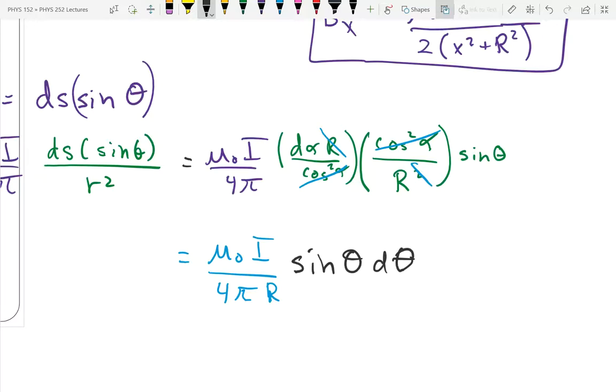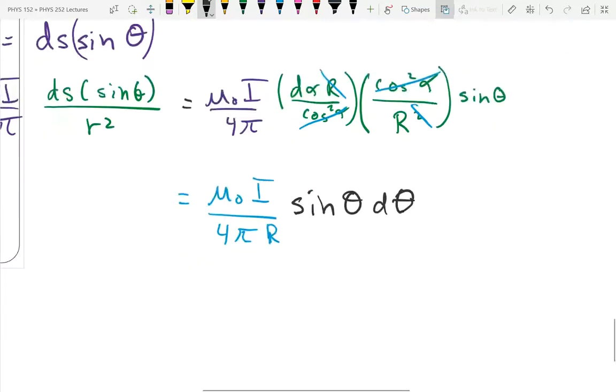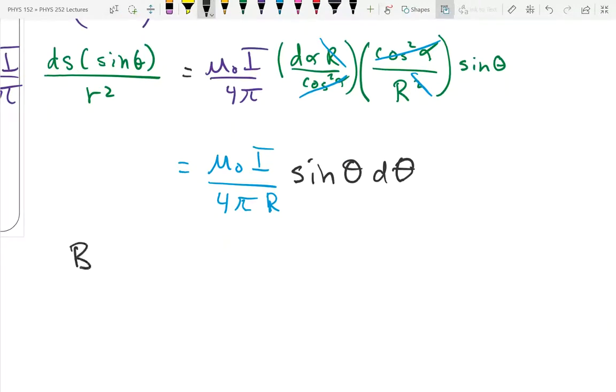Well, now this has become an easy integral, because now I can say my magnetic field is equal to the integral from theta initial to theta final. Actually, let's move the constants outside the integral sign. Mu naught I over 4 pi r.